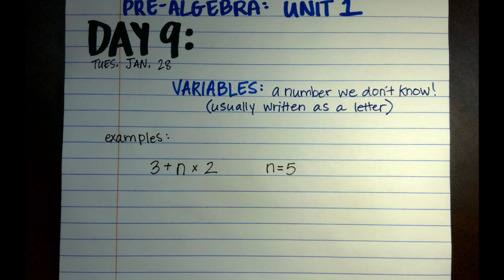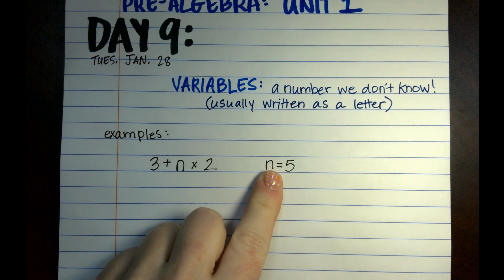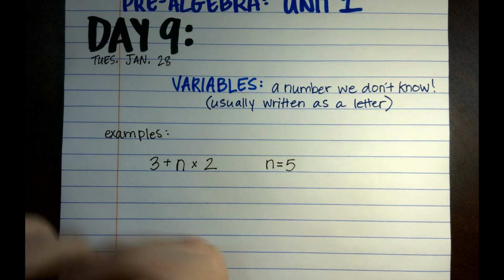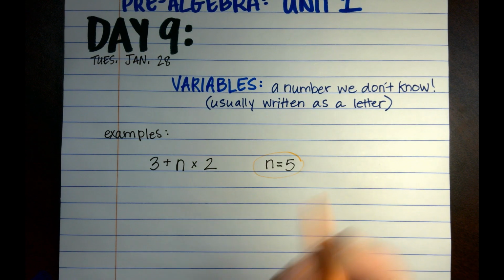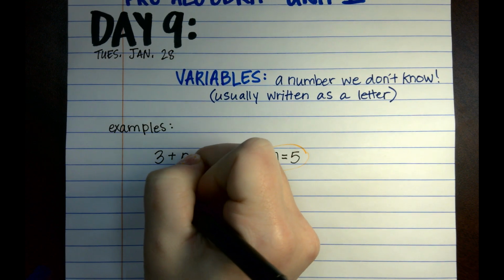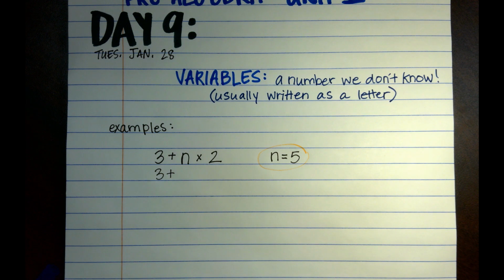So you have 3 plus 5 times 2. Perfect. So you would just take that n and replace it with the 5 I give you. It would be the same thing as 3 plus 5 times 2.